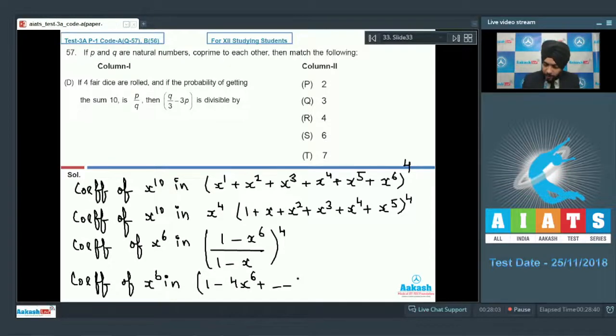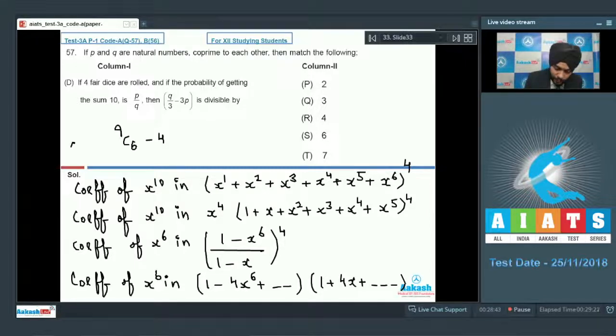All the other terms are not required by me in this expansion. Multiplied by 1 minus x raised to the power minus 4. So 1 plus 4x plus, this will be the expansion, 1 plus nx plus n into n minus 1 by 2 x square. The answer will be 1 has to be multiplied by x raised to 6. So the coefficient of x raised to 6 will be 9C6 minus 4x raised to the power 6 has to be multiplied by 1. So that is minus 4. This is the coefficient, okay, that is the total number of favorable events N of E. That is 84 minus 4 and that is 80.